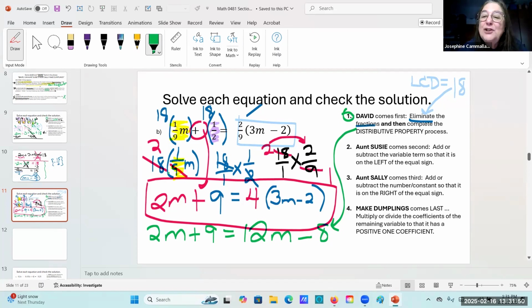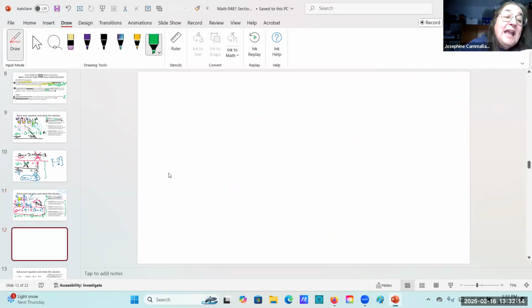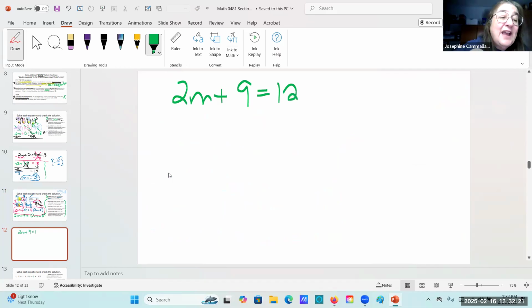I've now distributed. And that's going to bring me to my next slide so that we can finish the rest of it. Now notice I'm not combining terms here because I have a variable with a number, a variable with a number. I do not have 2 variables or 2 numbers on one side. So now what I have is 2m plus 9 is equal to 12m minus 8.